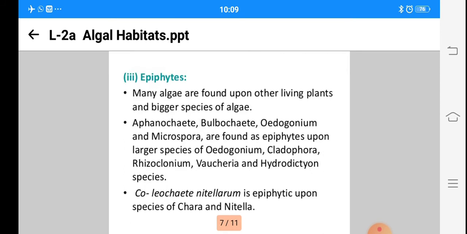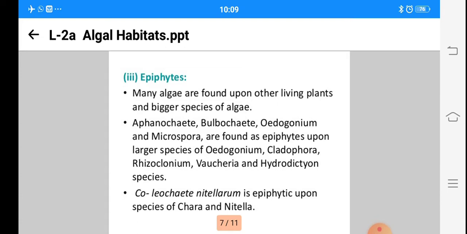Next, some algae are epiphytes. Many algae are found upon other living plants and bigger species of algae. For example, Bulbochaete, Oedogonium, Microspora, and generally Cladophora, Rhizoclonium. Hydrodictyon, I think you already know, shows a hexagonal, non-motile colony. Then Coleochaete nitellarum is epiphytic on the species of Chara and Nitella.